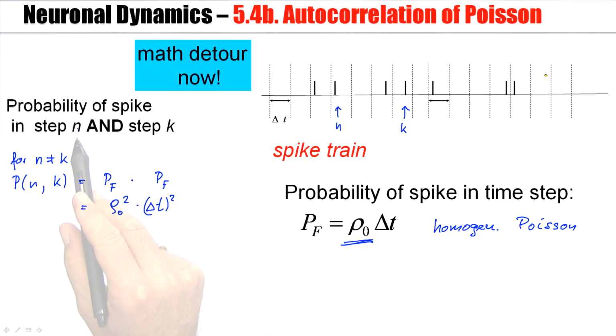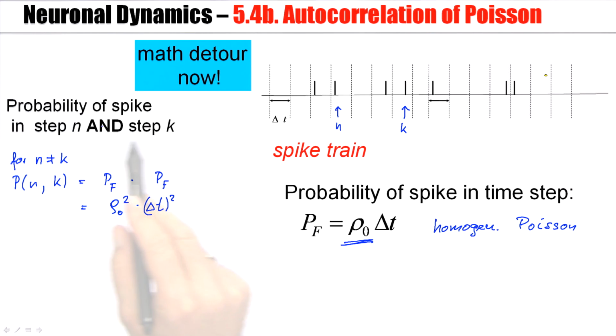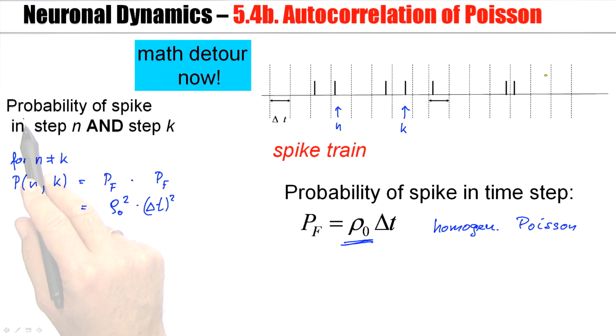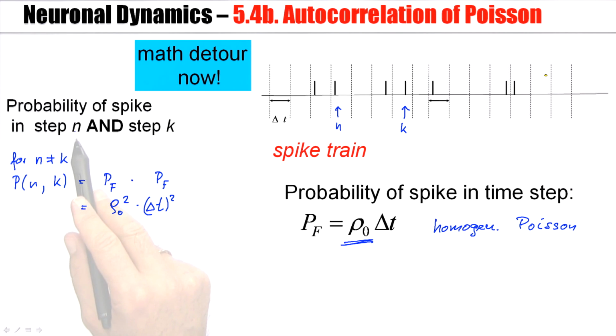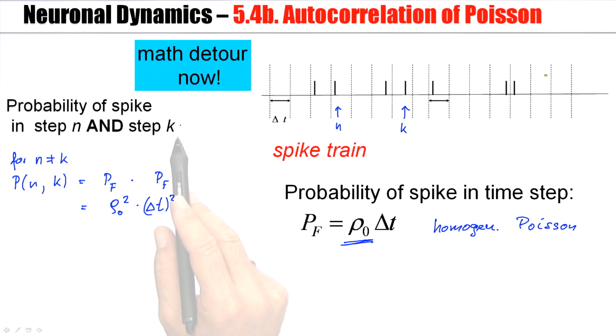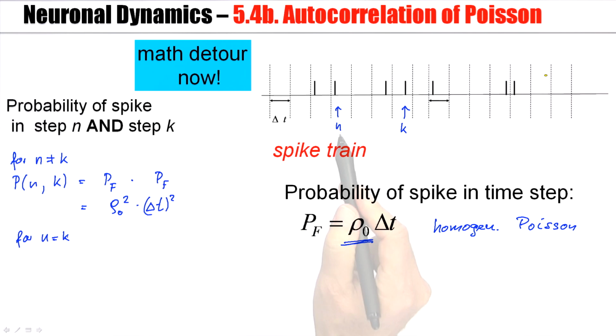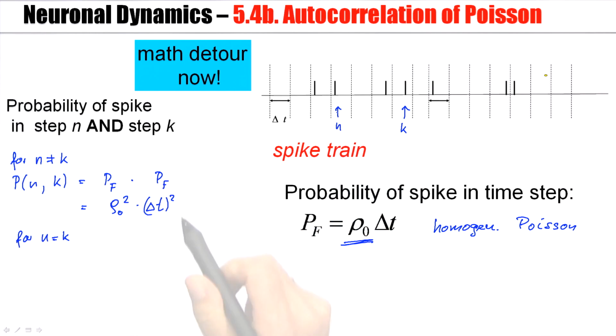However, nobody said here that n and k must be different. I should also consider the probability of having a spike in step n and in step n. Now this sounds kind of stupid. Well, if I have a spike in step n, I know that I have a spike in step n. So the probability of having a spike in step n is just Pf.